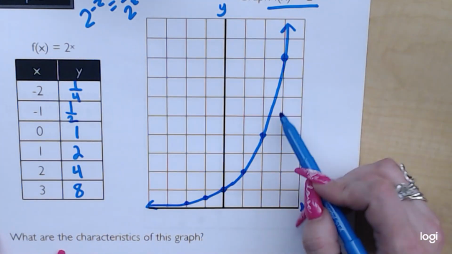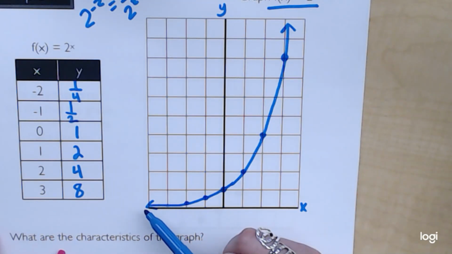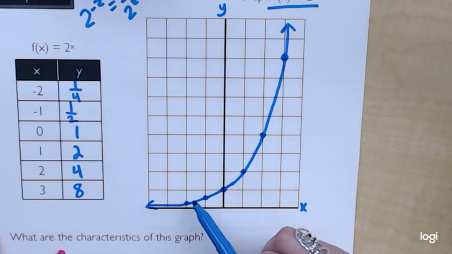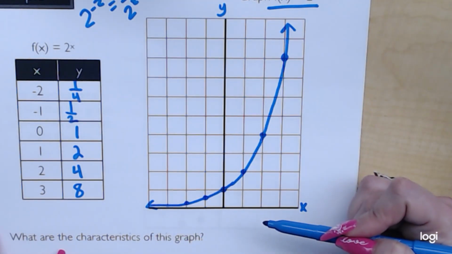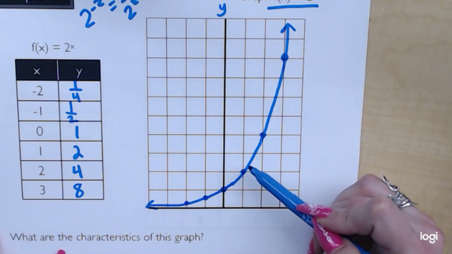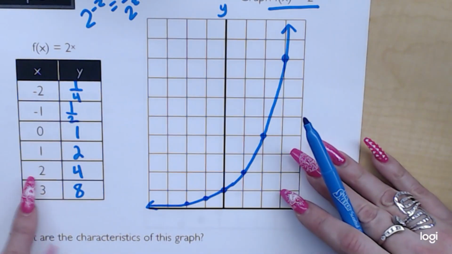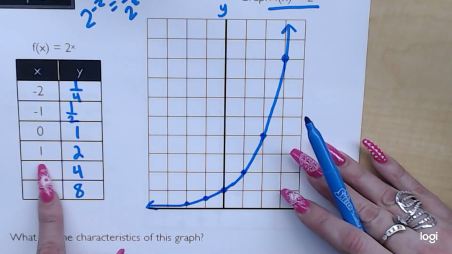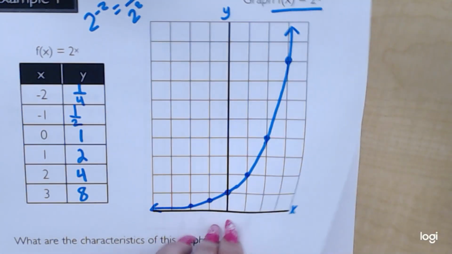We also can see that there's this line here that's coming really close to the x-axis, and I'm wondering if it's ever going to hit that axis or if it's going to just get closer and closer to it. The other thing is we notice our points get farther apart as we continue down the x values here. They get more spread out. The x and y values are more far apart. So those are the characteristics that we see.